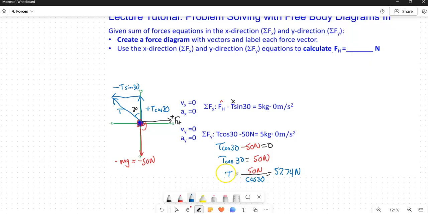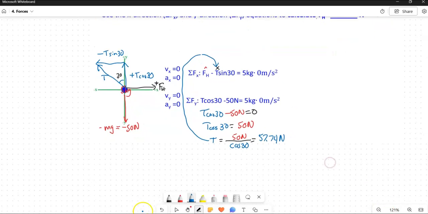Now we're going to plug this guy in right to here. So starting off, F sub h, I'm going to rewrite this stuff right here. So negative T sine of 30 degrees, which is equal to a half, and that's going to be equal to 0.